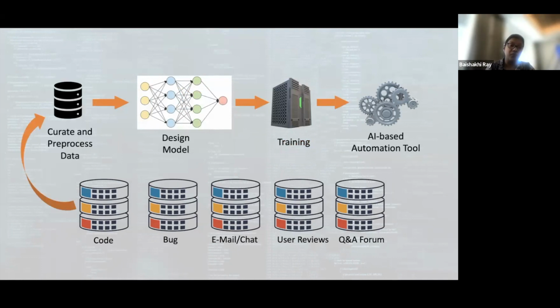So now with the availability of AI machinery, we can first archive those data, then curate and process the data according to our need, then design a machine learning model which can learn from this data, and then a typical machine learning life cycle goes on, where you train the model for your purpose, and that will eventually give us an AI based automation tool.